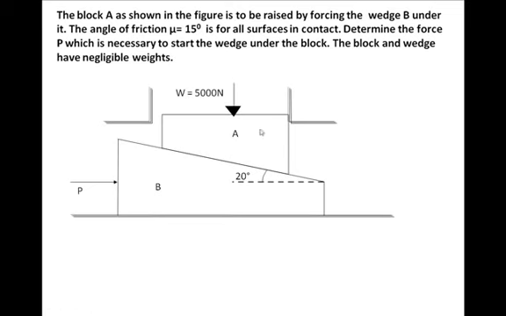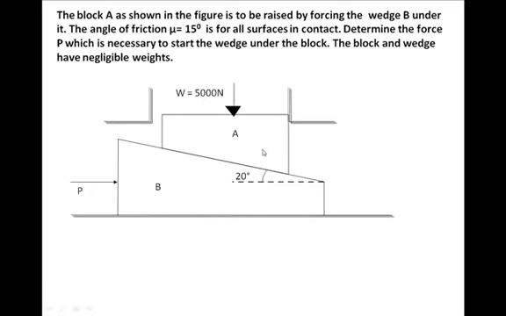Okay. Now, mu is equal to 15 degrees. So the angle of friction is 15 degrees, and the coefficient of friction is tan 15. Now we will draw free bodies of all these bodies, taking the x-axis as horizontal and the y-axis as vertical.